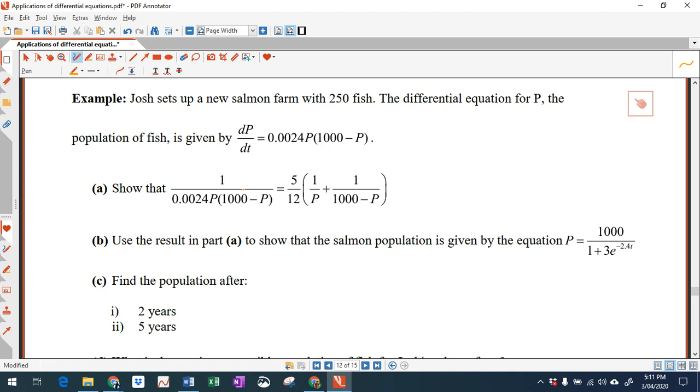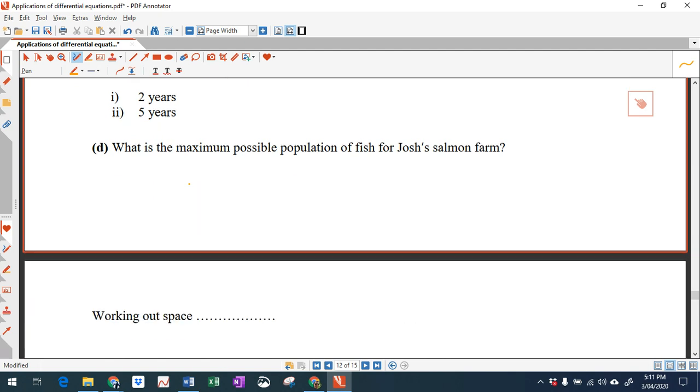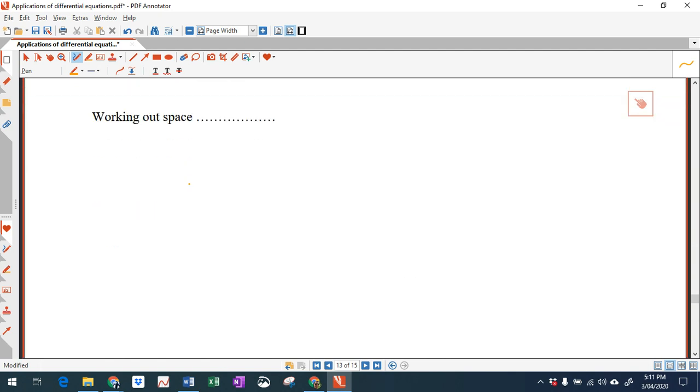Okay, so you know that with a show-that question, you start with one side and show it's equal to the other side. So let's have a look. Here's my working out space. I'm trusting that you've printed these notes out. All right, so we are going to look at the right-hand side first.